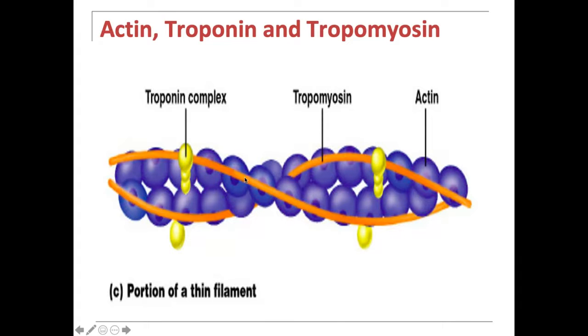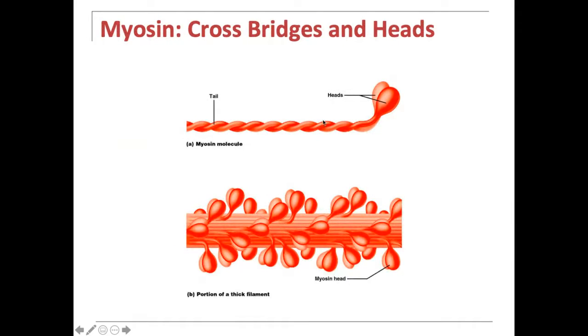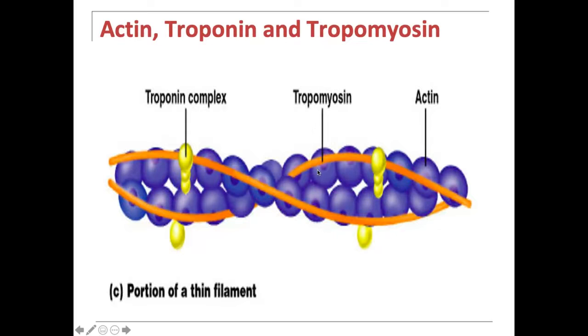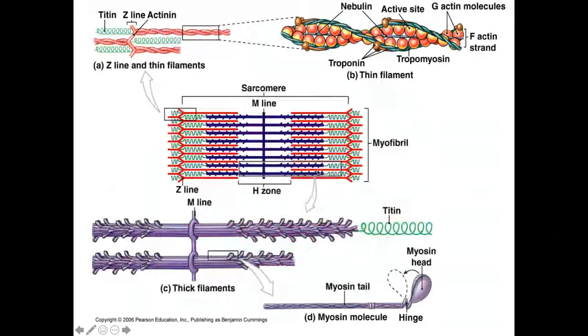It removes the staple, so that tropomyosin shifts out of the way. And when it does, the binding sites are exposed for myosin, for these myosin heads to attach. And you could see how many heads there are. These myosin heads are waiting to find these binding sites to create a contraction.